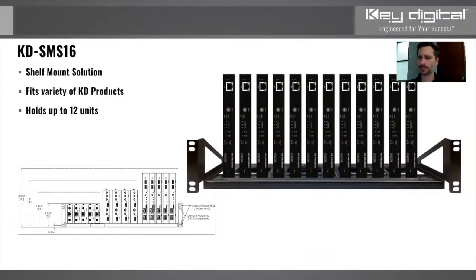These units don't run as hot as some of our competitors' units do. Still, over a prolonged period of time, you run the risk of damaging the units. But this is a great solution, because we know there are many companies out there that have different form factors for rack mountable encoders and decoders. This gives you a nice clean solution. You're going to see some rack install pictures here that look absolutely fantastic.